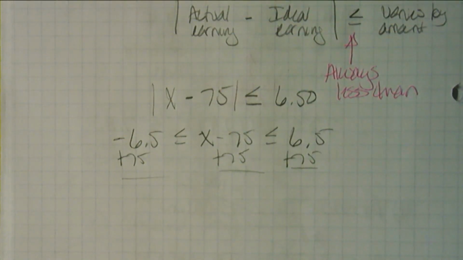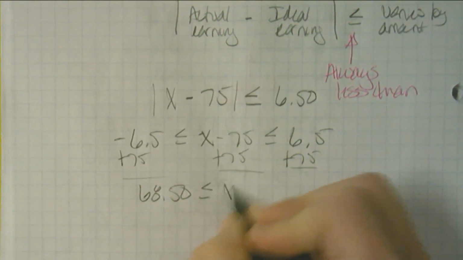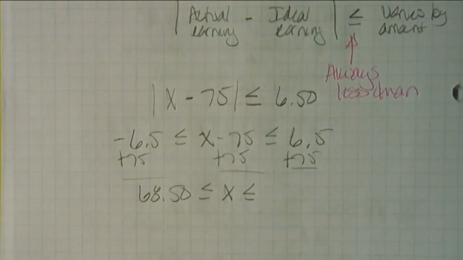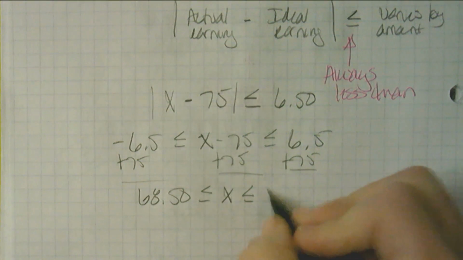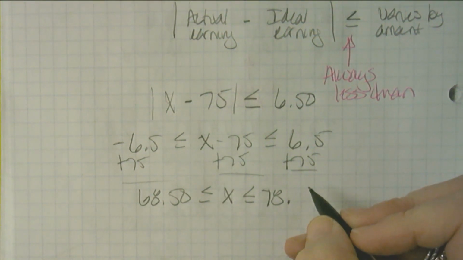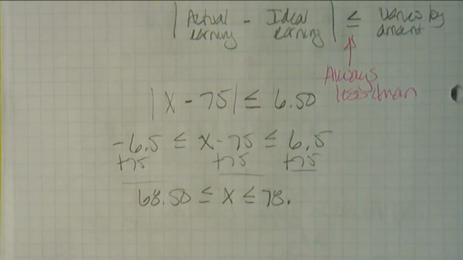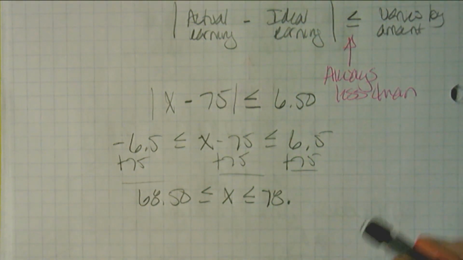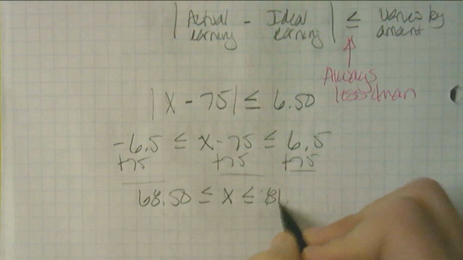And I end up with, so 75 minus 6.5 gives me $68.50, which is less than or equal to x, which is less than or equal to 75 plus 6.50. Let me do that again. So 6.5 plus 75 is 81.5. Thank you. I knew I did something wrong. $81.50.